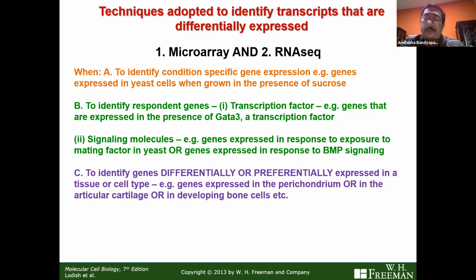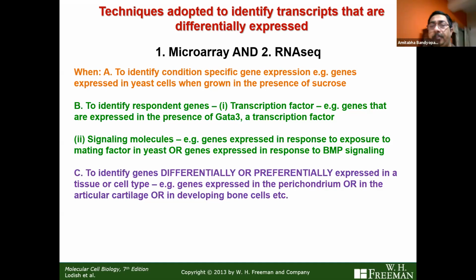depending on which kind of laboratory you are in, which kind of research problem you are addressing, you will always be faced with this challenge of identifying genes that are expressed under one set of conditions and not expressed under another set of conditions.